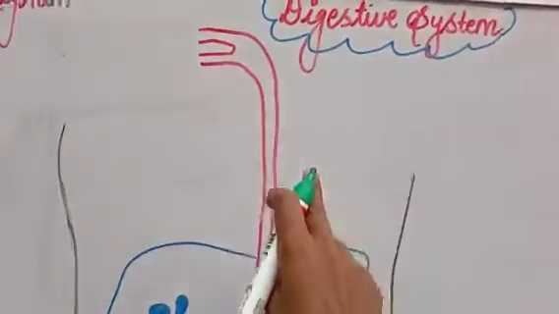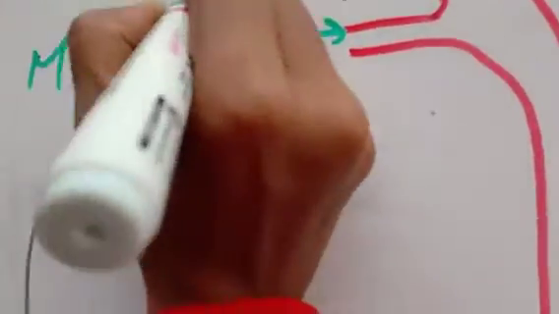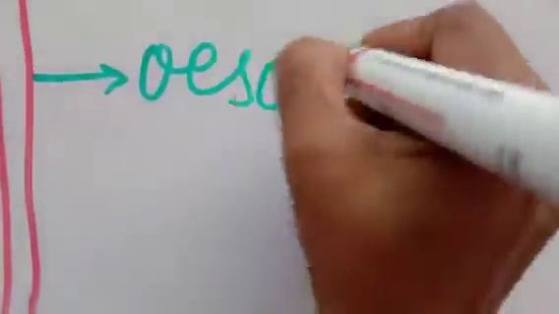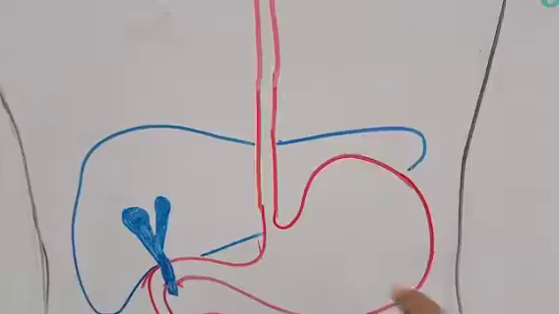Here mouth. This is esophagus. This is mouth. M-O-U-T-H, mouth. This is esophagus. O-E-S-O-P-H-A-G-U-S, esophagus. Stomach.